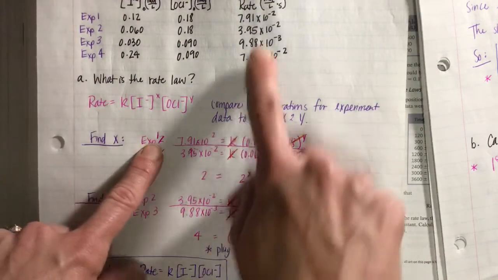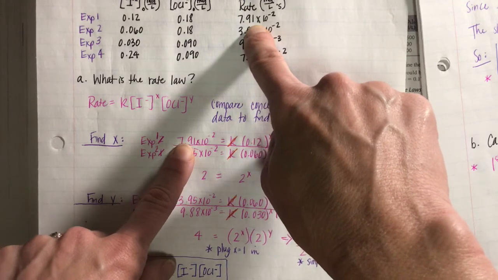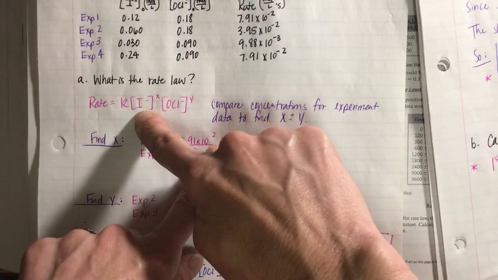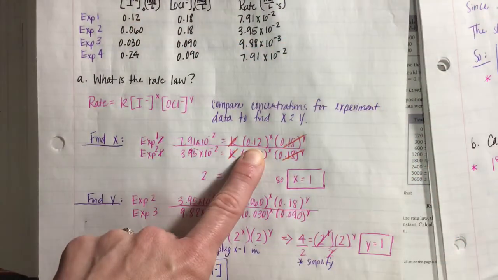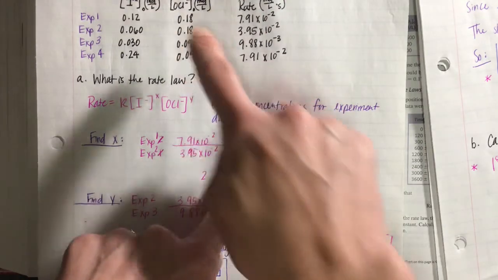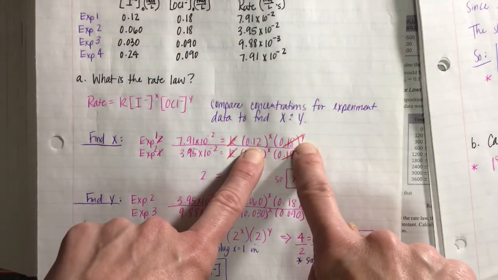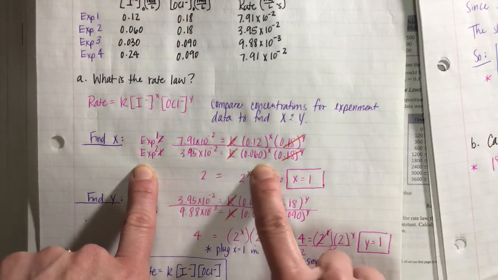For experiment 1, my rate is what I'm writing here, K, and then this value from the table raised to X. The concentration of OCl minus is written there, raised to Y. I'm doing the exact same thing for experiment 2, plugging that in.